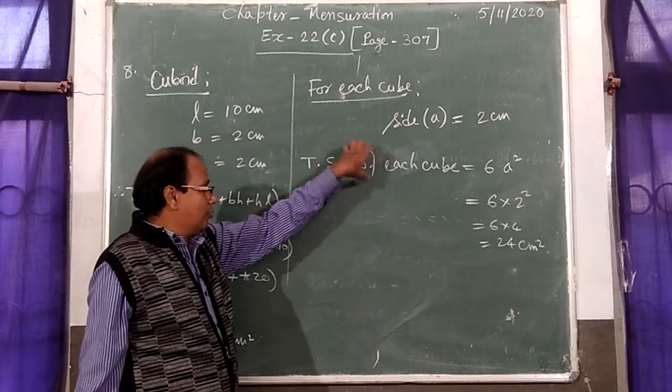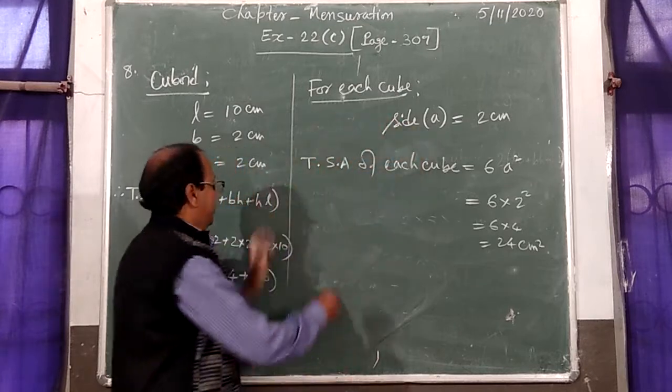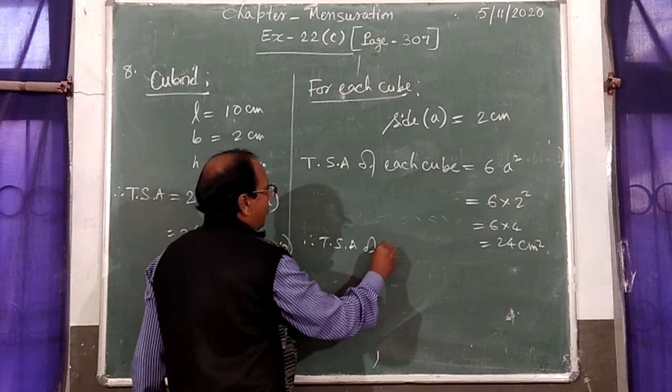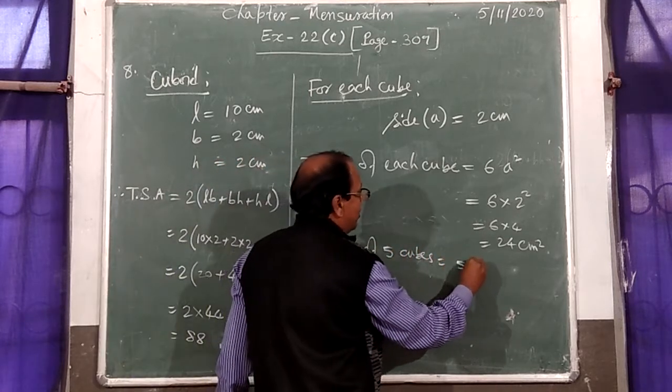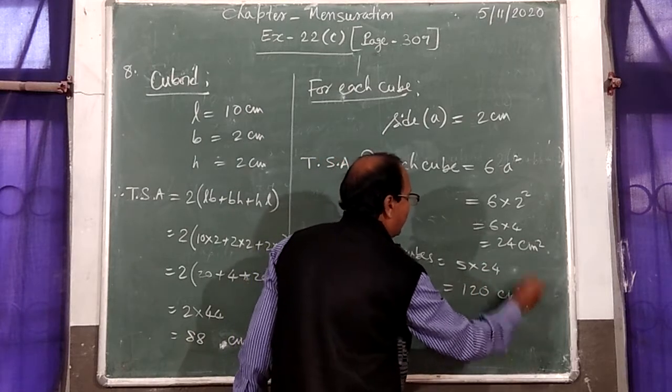Now we have the total surface area of each cube. We have to find the total surface area of 5 cubes. Therefore, total surface area of 5 cubes equals 5 into 24 equals 120 centimeter square.